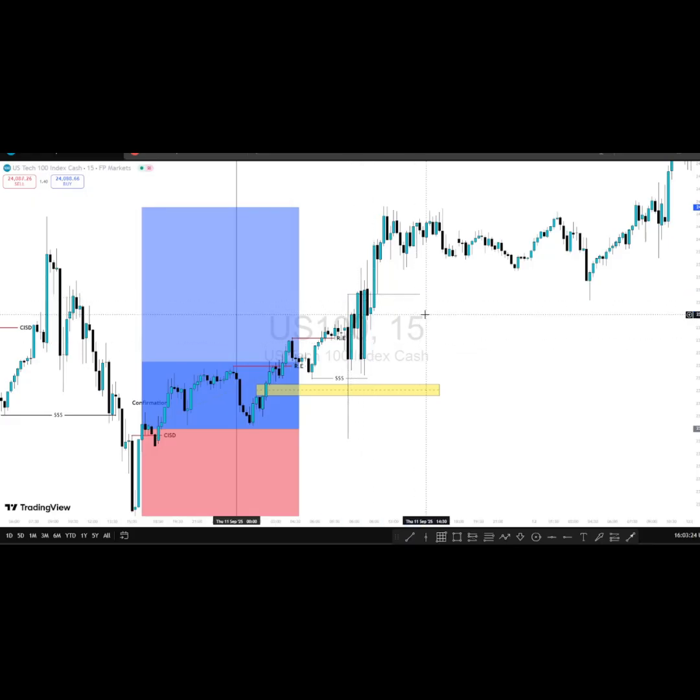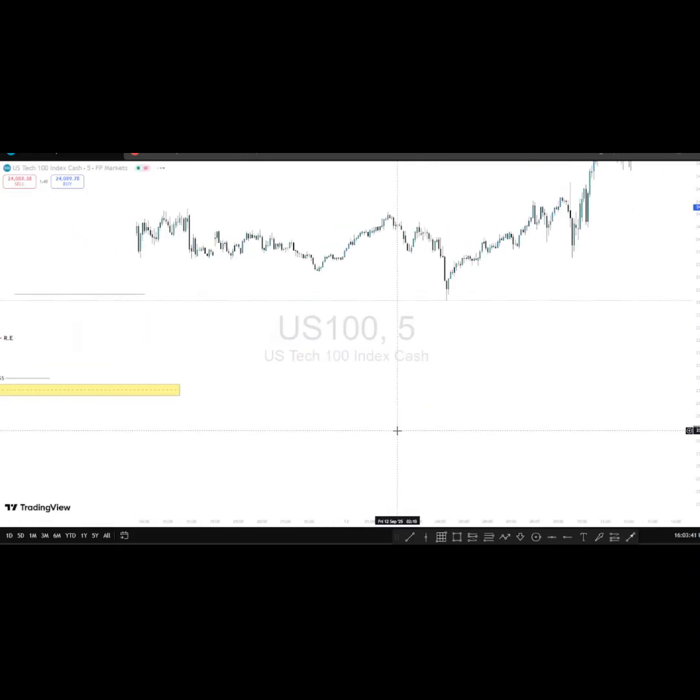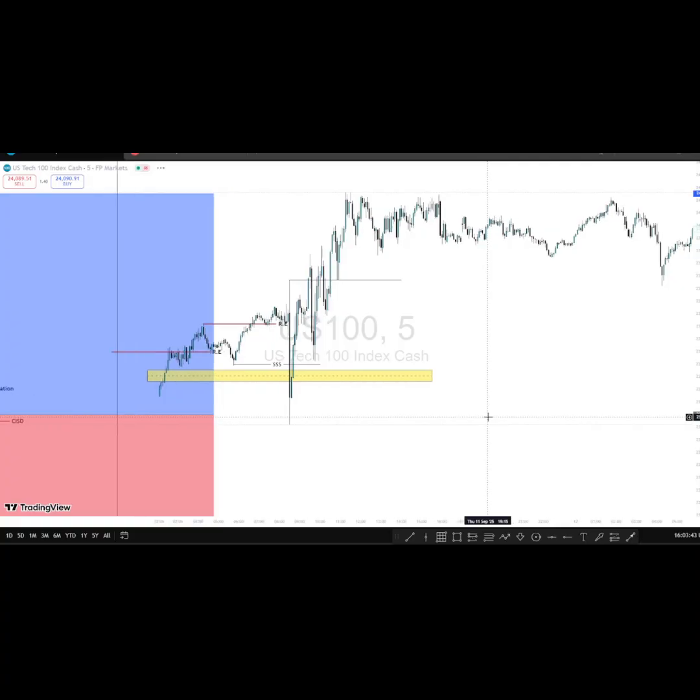Okay, wait for a change in state right there, which occurs at this point, and then we have this retracement leg, which you wait to be complete. So maybe let's go to the 5 minute for a better analysis.